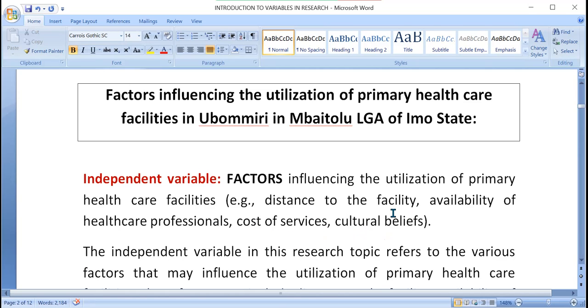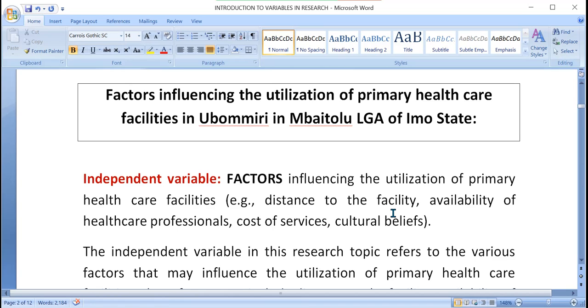Distance of facility: when facilities are around the vicinity where people live, people tend to make use of them. On the other hand, if it is far, there is high chance of what? Low utilization. So if these factors are in a favorable form, there will be an increase in utilization.